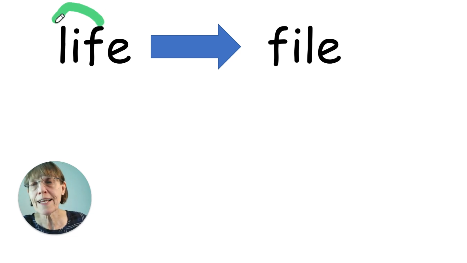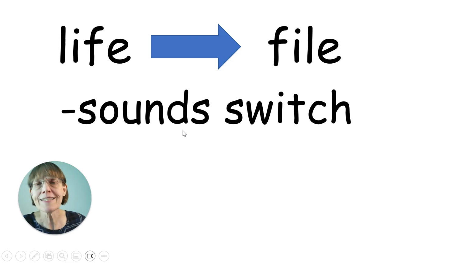We would call this a switch. The sound switch. Now the F sound is the first sound, and the L sound is number 3. The vowel is i, and it's number 2.